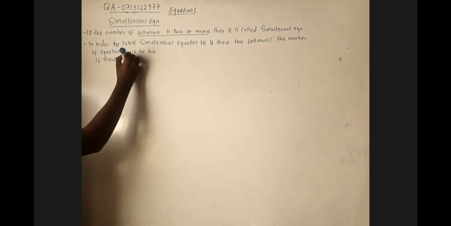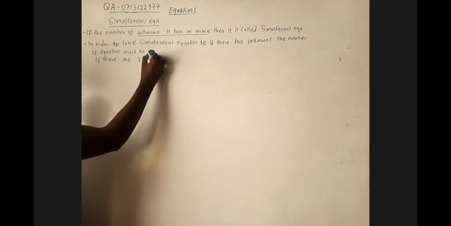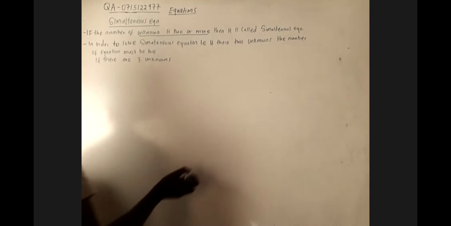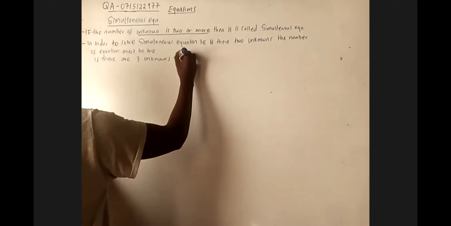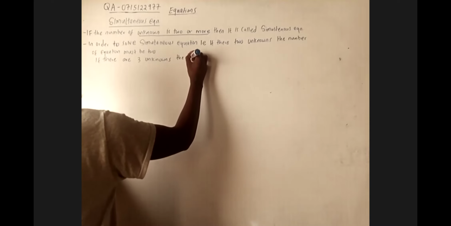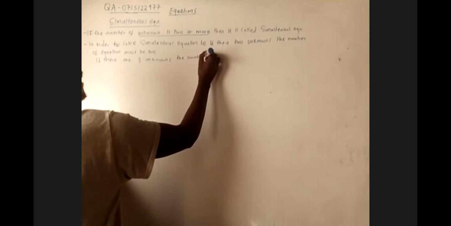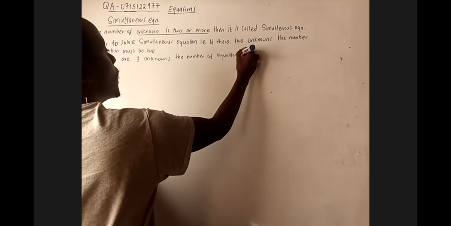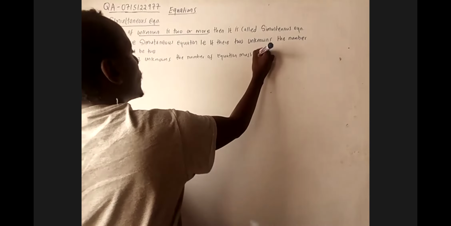If there are 3 unknowns, the number of equations must be 3.